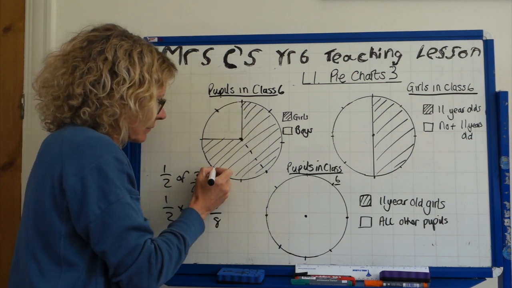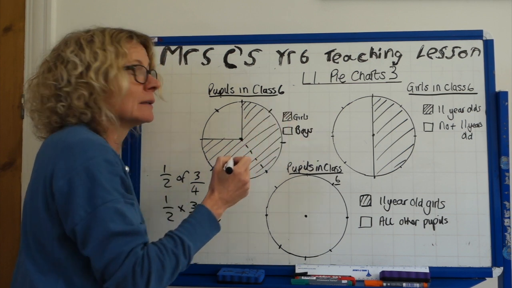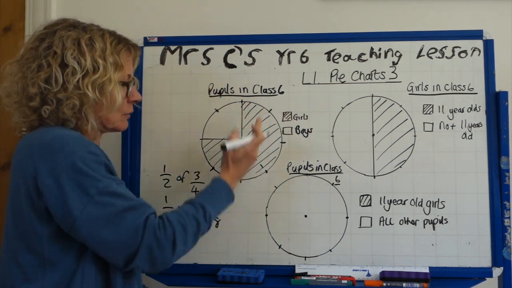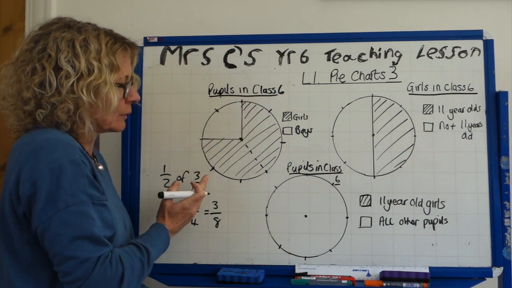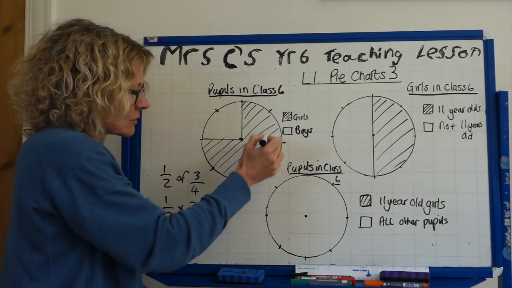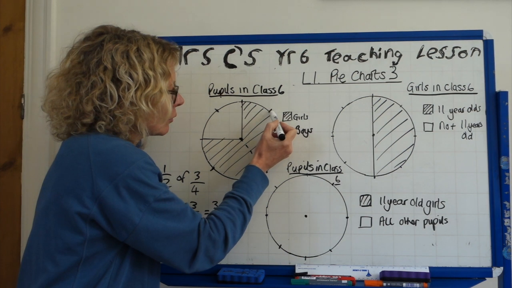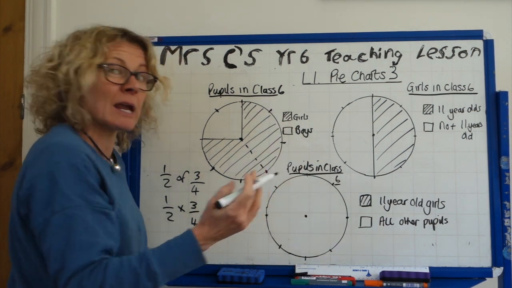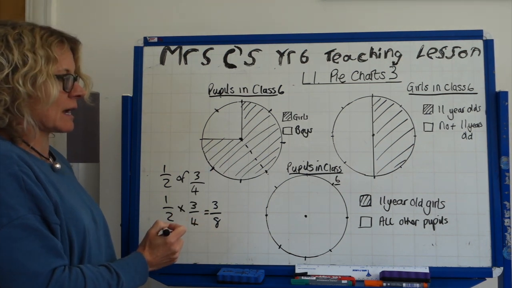These little marks all the way round this pie chart are eighths. If we drew them all up, this pie would be split into 8. So we have halved this 3/4, and let's count how many eighths we've got. 1, 2, 3. 3/8. Half of 3/4 is 3/8.